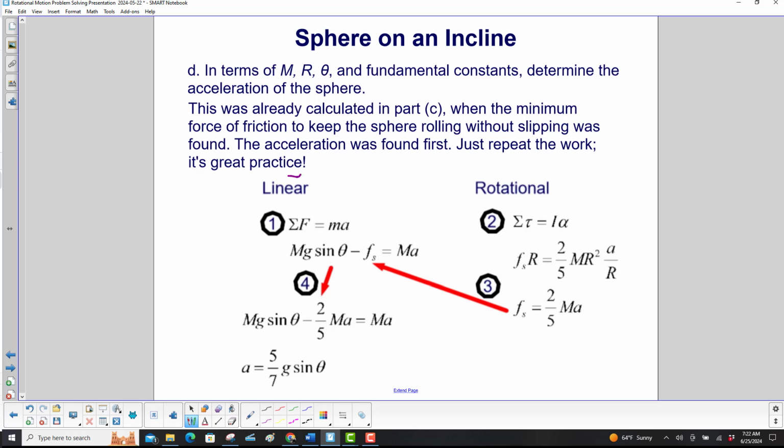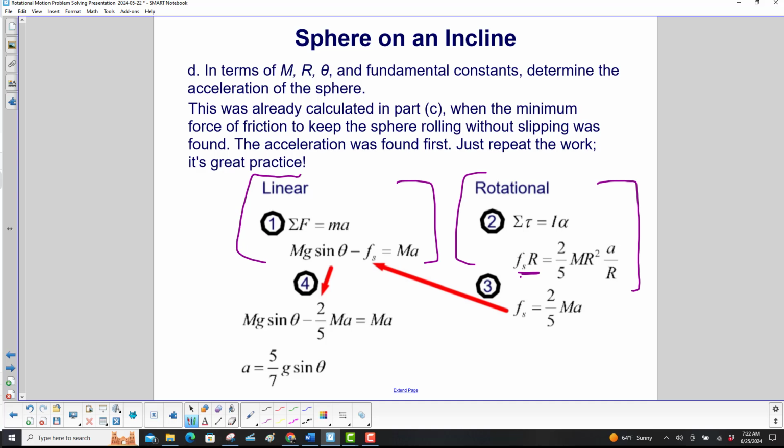So we start with our linear equations. Sum of the forces is ma. The only two forces are mg sine theta and the friction force. That equals ma. That's the first step. Now go over to rotational. We sum up the torques, and there is only one torque, provided by the friction force, and that's 2/5 mr squared, and we replace alpha with a over r as it is not slipping.